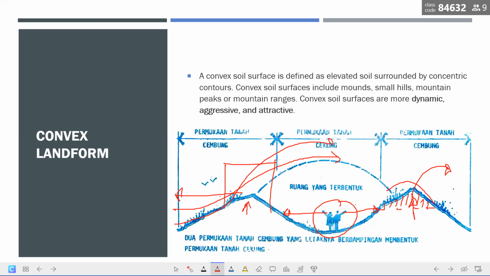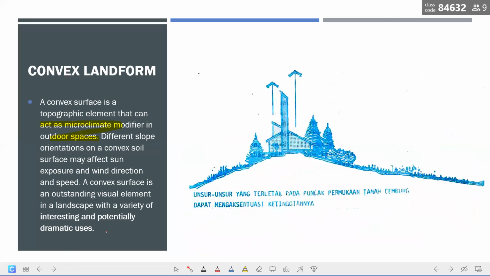Therefore, you're not directly affected by the wind, thus providing a bit more thermal comfort than flat surfaces. Different slope orientations on a convex soil may also affect sun exposure by providing some shade.